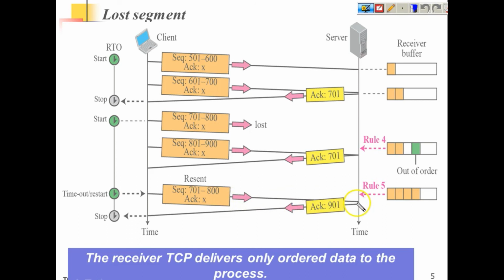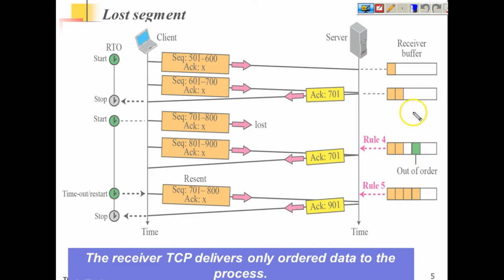Now you can see that when this packet reaches here, this is the one which was missing. Whenever this missed packet reaches here, an acknowledgement is immediately sent saying which byte number is expected next. You can see this was already received at this side but is not discarded. Why is it not discarded? The rules say whenever any out-of-order sequences are received, the receiver needs to send an immediate acknowledgement saying what byte is expected, but at the same time the out-of-order bytes will be stored in the receiver buffer, but will not be supplied to the process.